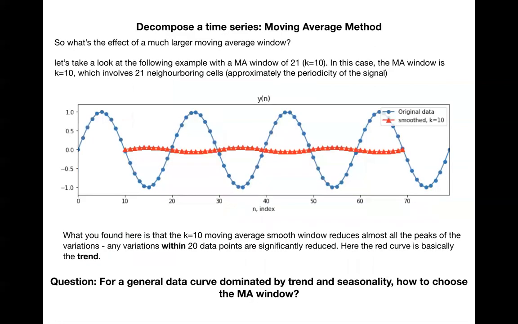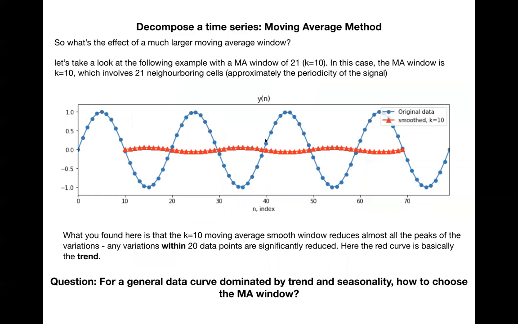For example, if you look at this smooth, this is a Python calculation moving over k equals 10. So I'm involving every 21 neighborhood cells and I get an average. This one is 10 cells from here, 10 cells from there, and that one is 10 from here, 10 from there. So basically the sine variation is eliminated.